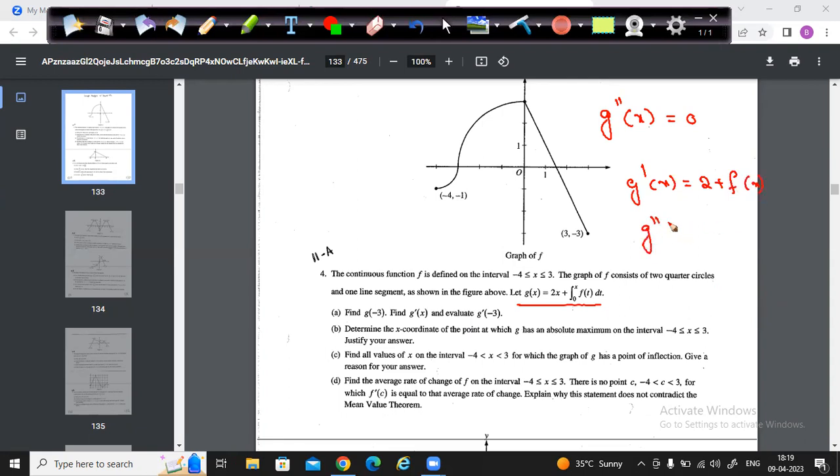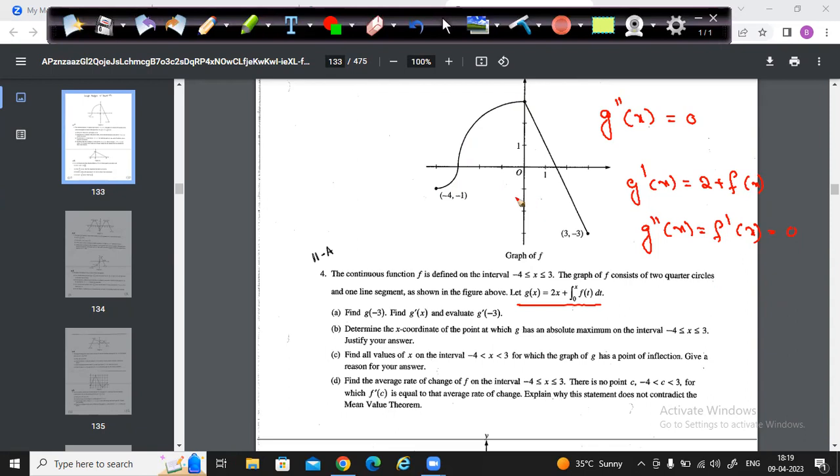What is g double dash of x? f dash of x. Correct, right? So g double dash of x is 0 means f dash of x should be 0. This is the graph of f of x. So I need to see where f dash of x is 0.